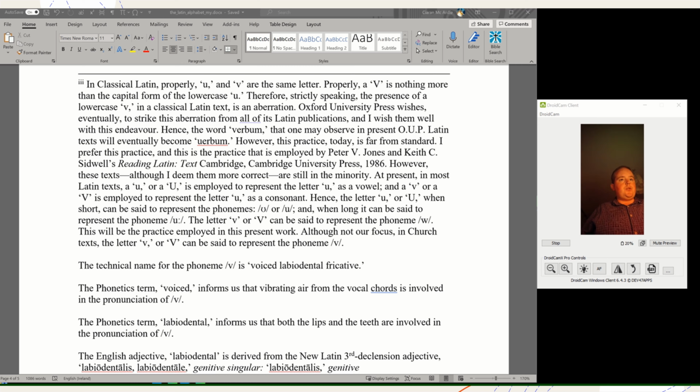So labiodental. Can you see how these two teeth go down to the bottom lip to pronounce that fricative sound? And you can see in the throat there is that puff of air, so it's voiced.